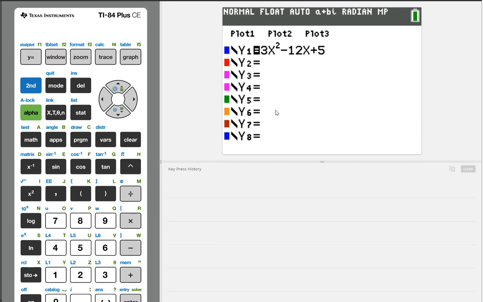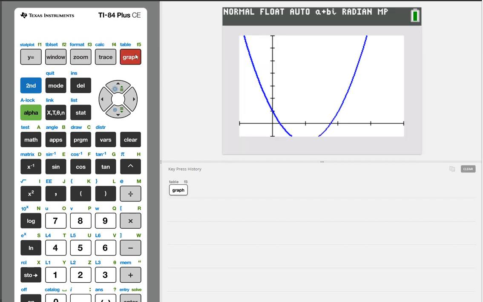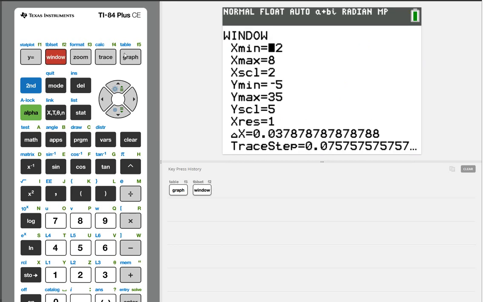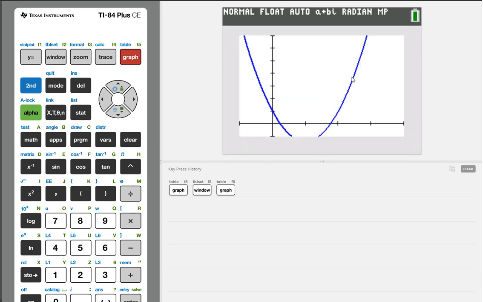Great. Problem is I don't know where to look at it in terms of the graph. My settings from the last window may or may not work. If you hit the graph key, well, looks like our graph missed a little bit. So what I could do is, well, you tell me, what more would you want to see out of this graph?